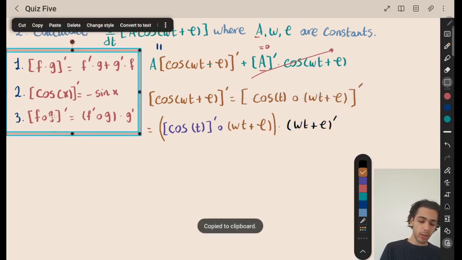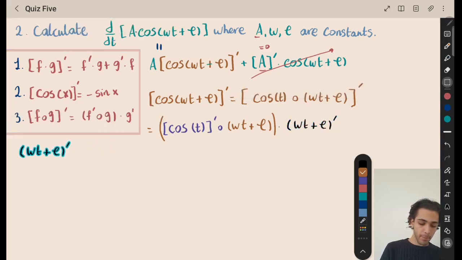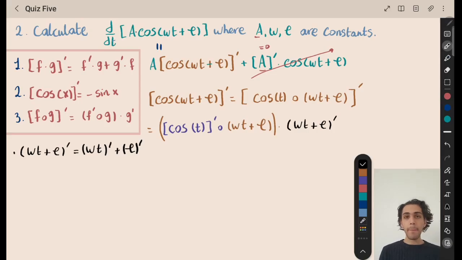So I'll do this on the side. The derivative of this is the derivative of omega t plus the derivative of phi. Sorry, this is phi, this is not alpha. And phi is a constant, so its derivative is 0, just like we did here.